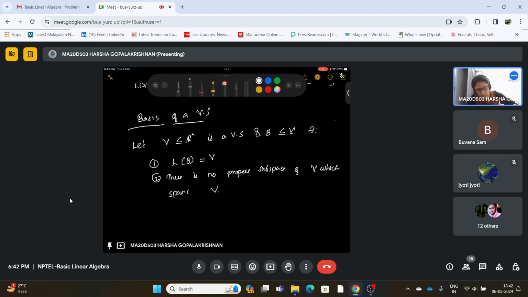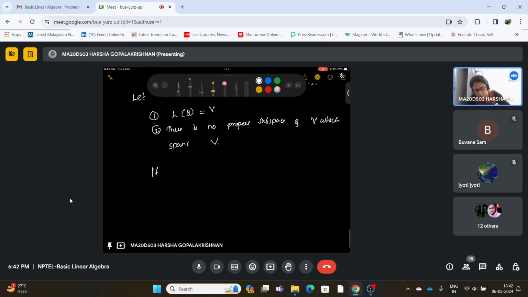That means if B equals {v1, v2, v3} and span B equals V, now if span of {v1, v2} is also V, then B is not a basis.